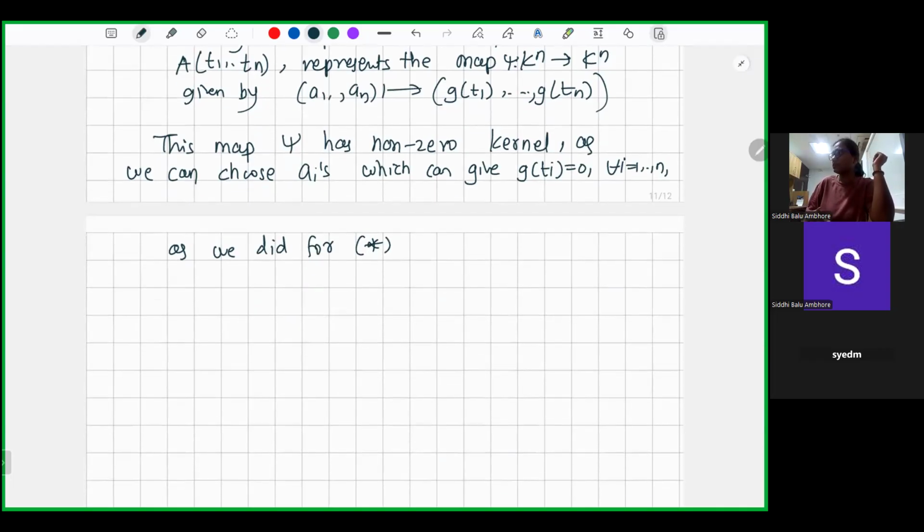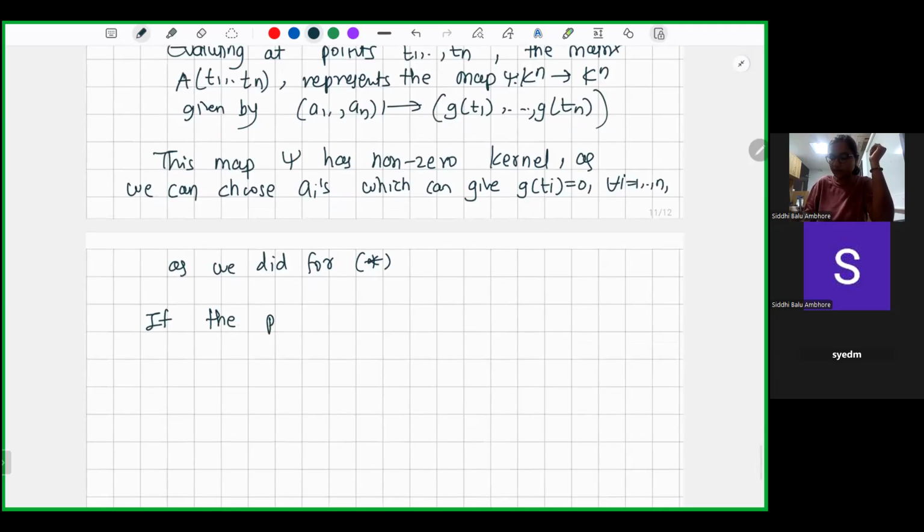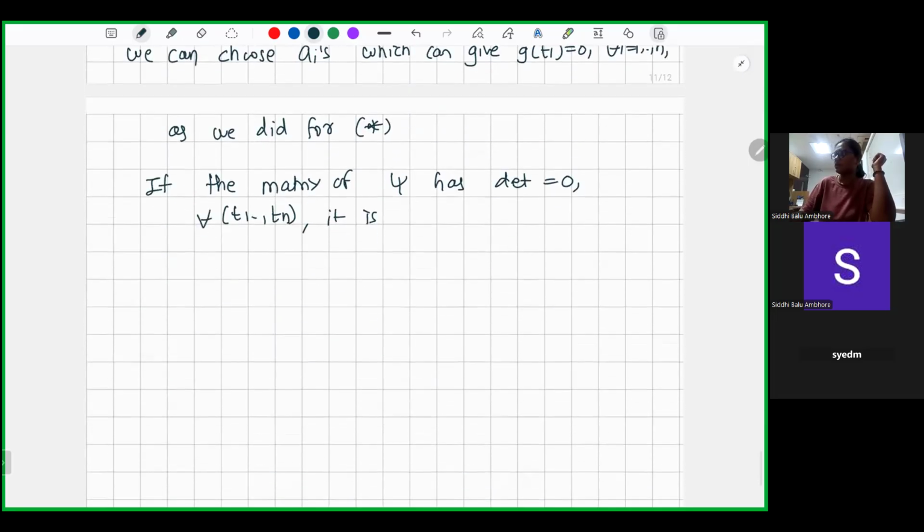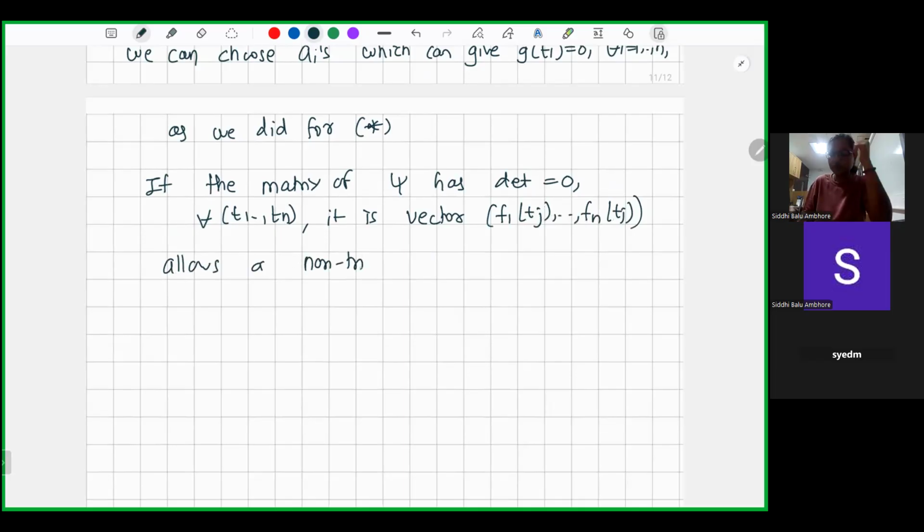And so the determinant, if the matrix of psi has determinant 0 for all T1 to Tn, its vectors F1 Tj to Fn Tj allow a non-trivial linear combination of F1 to Fn, and this will give me 0.